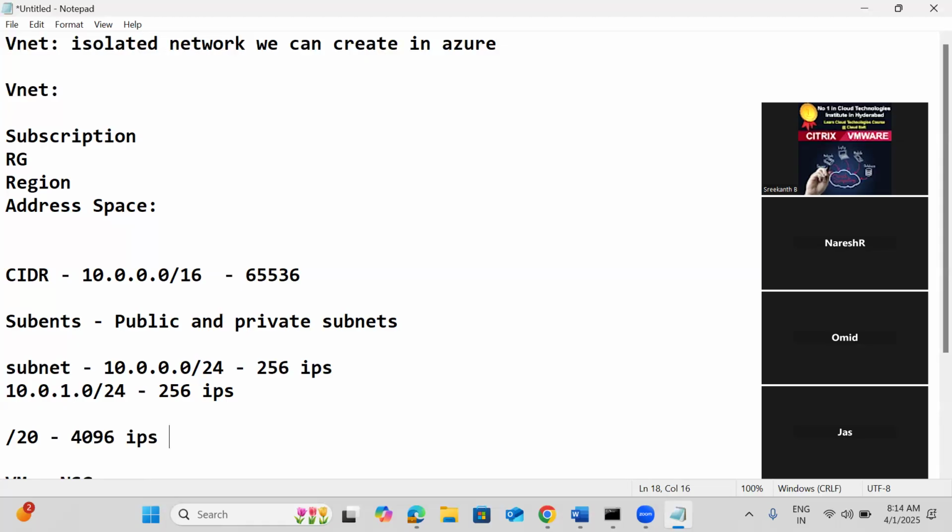If I use /24, that's 256. Among the 256, internally 5 IPs have been reserved.